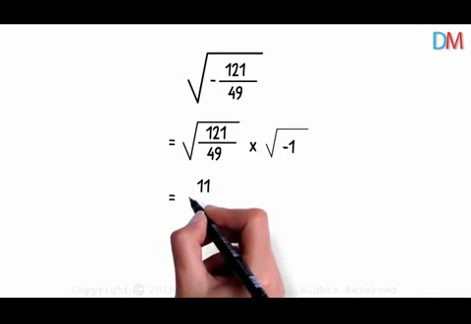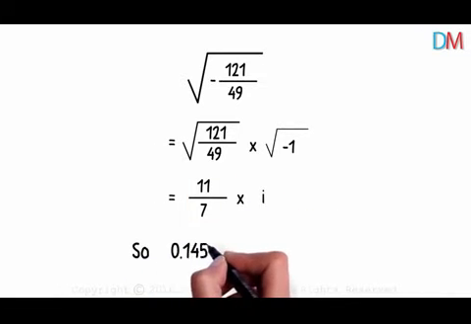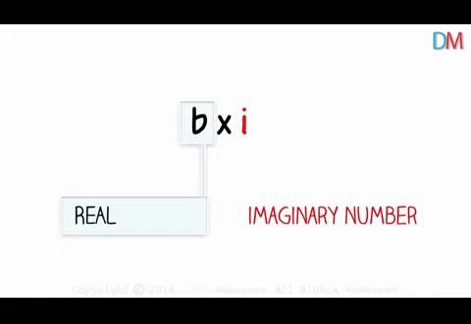We get 11 over 7 times i. It's a real number times i. So numbers like 0.145i, 16.25i, minus cube root of 7i are also imaginary numbers. An imaginary number is simply bi, where b is a real number and i is the imaginary number.